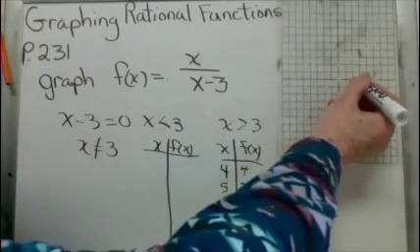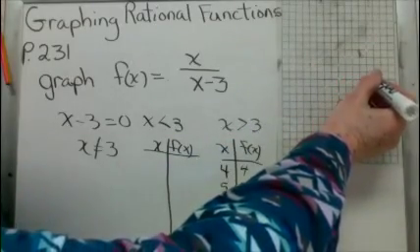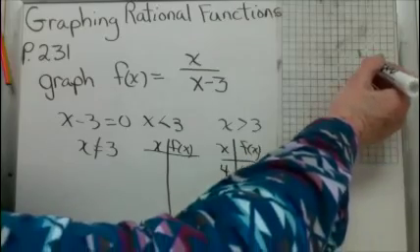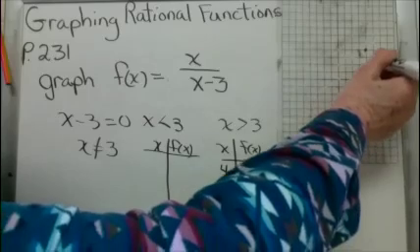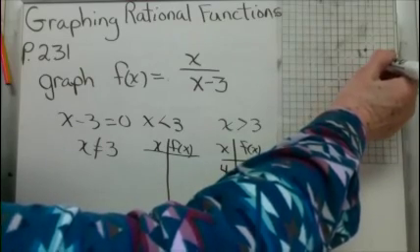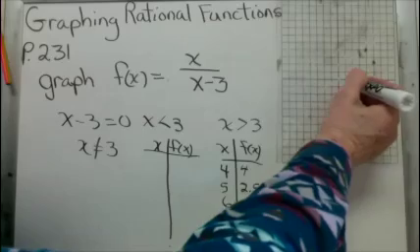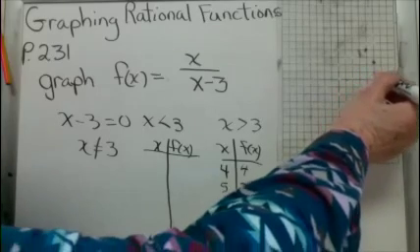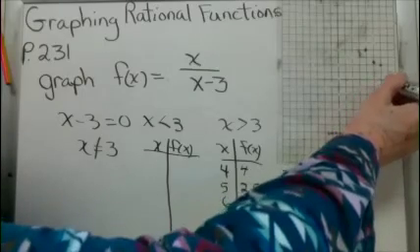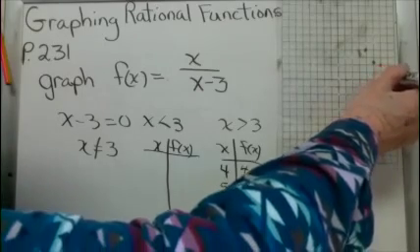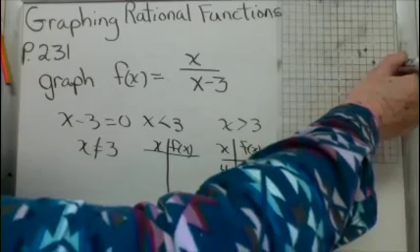Over 4: 1, 2, 3, 4. Up 4: 1, 2, 3, 4. All right, if I go over 5, up 2.5. If I go over 6, 1, 2, 3, 4, 5, 6, I go up 2. If I go over 8, 6, 7, 8, I go up to 1.8.